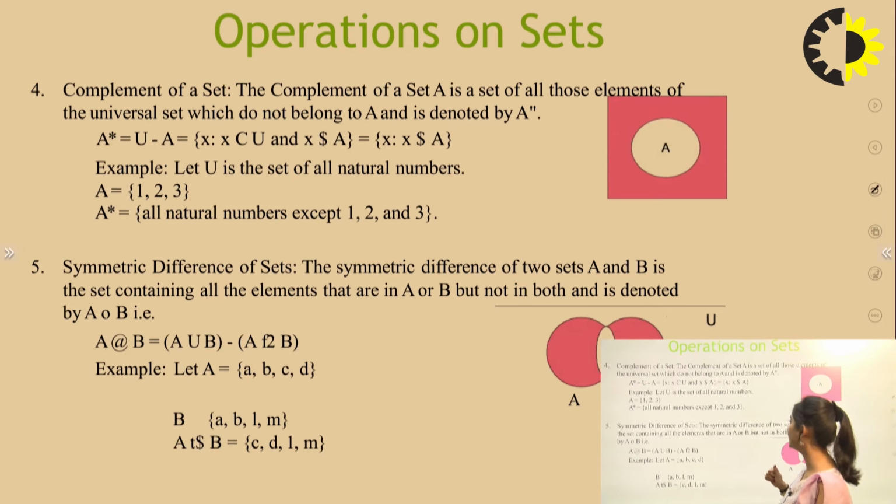Symmetric difference of sets. The symmetric difference of two sets A and B is a set containing all the elements that are in A or B but not in both. Symmetric difference means symmetrically we take the difference: A union B is this entire portion, and B union A is this entire portion, but this is the portion which is common to both.